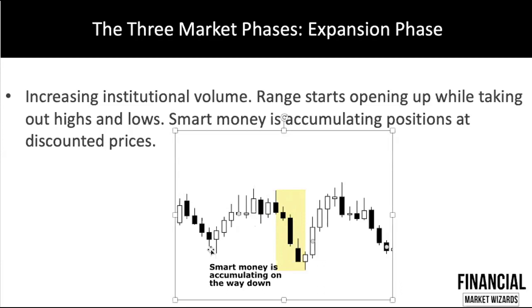They say, oh, the market has just broken out of consolidation, in which they're kind of right, except that they don't realize that they're in the expansion phase. And what smart money is doing is accumulating positions at a discounted price. As price goes down, they are buying the position.